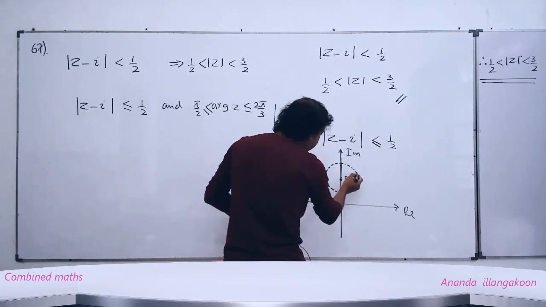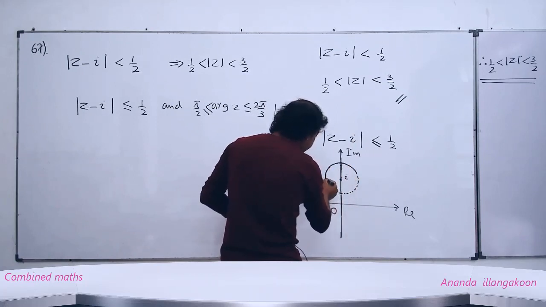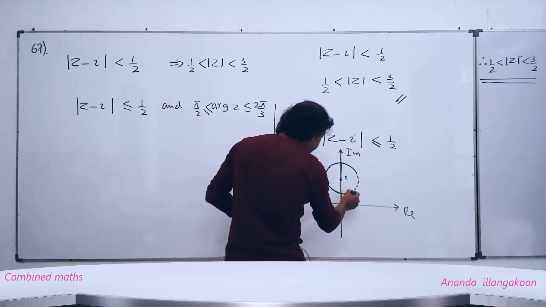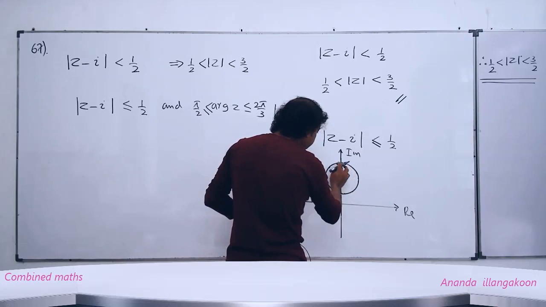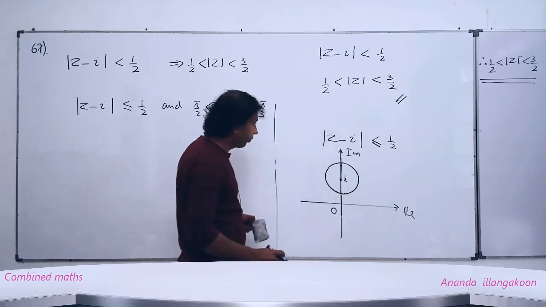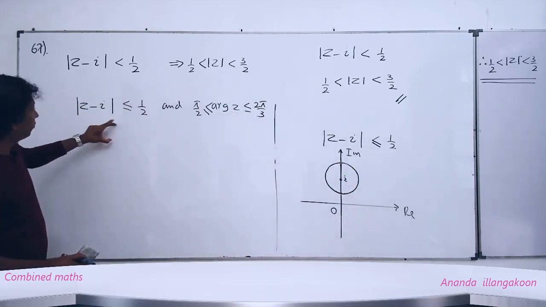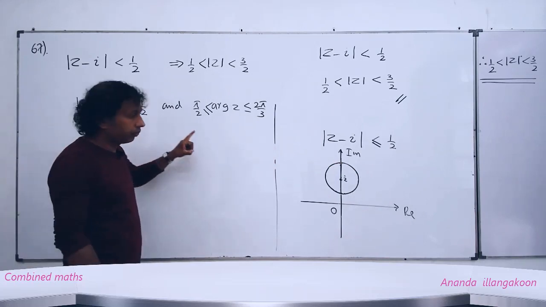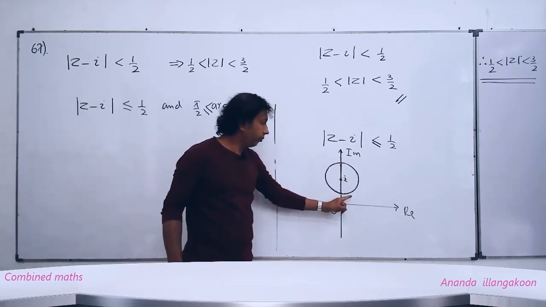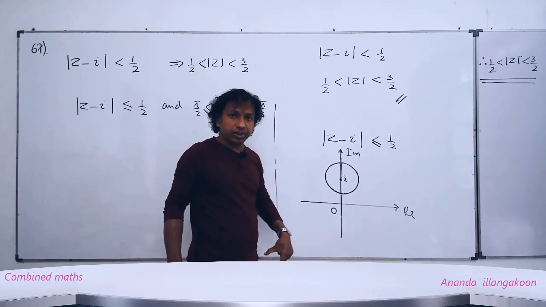Now we no longer have dotted lines. The required region: modulus equal to half means on the circle, less than half means inside the circle.